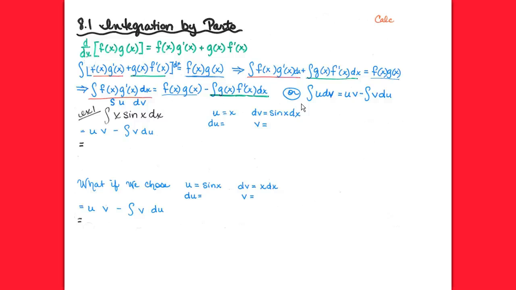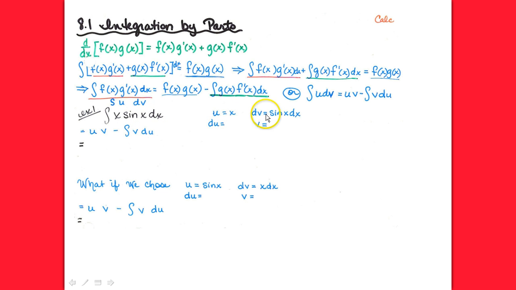All right, so now let's retry example number 1 and see if that helps us. I've got a product, so I'm going to call one of these u and one of these dv, because again, in my integration by parts, I need a u and a dv. So I'm going to call this u and this dv.